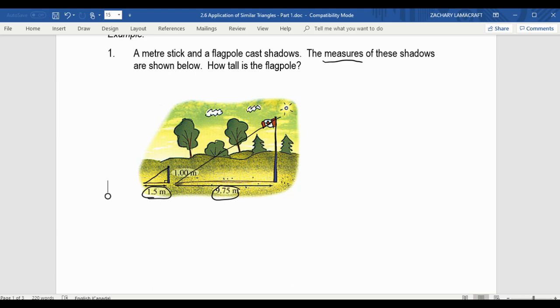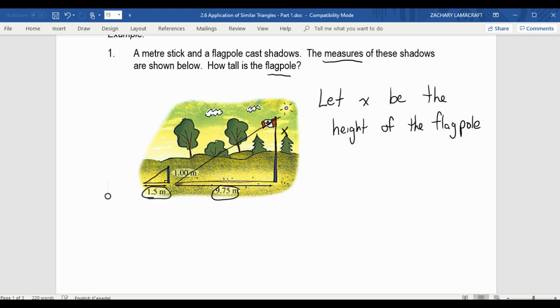But we know we need to find the height of the flagpole, and in this case, we're going to mark it as x. So put an x on your diagram. And our job now is to say, let x be, whatever we're trying to find, that's what x is. So in this case, let x be the height of the flagpole.